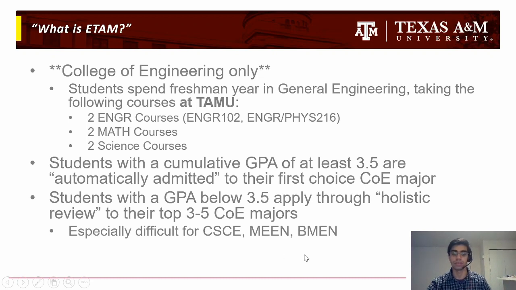But one thing that does need to be said is that applying for holistic review for certain majors is extremely difficult. So, for instance, computer science, CSCE, mechanical engineering, MEEN, or biomedical engineering, BMEN. These majors are not exactly the most favorable towards holistic review, especially because the average GPA for these majors tends to be pretty high, at least as far as admission from freshman year to sophomore year.